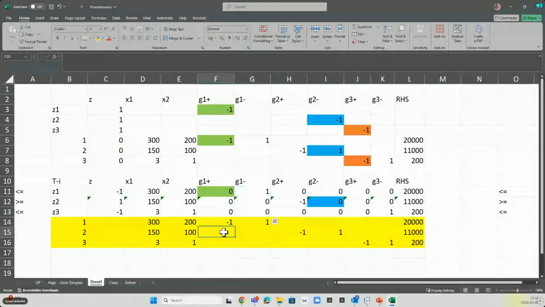You can put your zeros, please, feel free. Positive 1 is basic. What is G1 minus equal to? G1 minus telling you it's under, right? Under by how much?